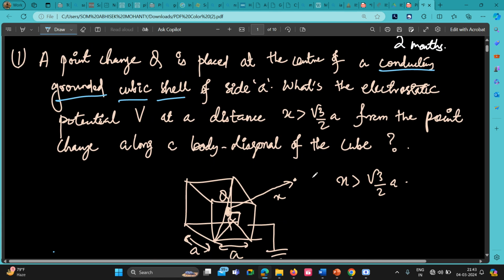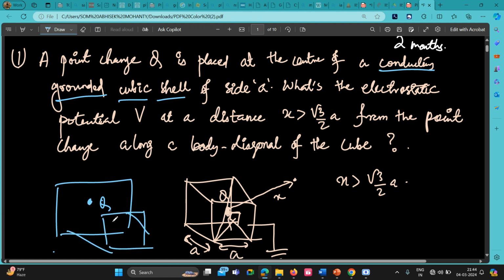The charge at the center is Q. So what will be the charge on the inner faces? On the inner faces, the charges will be minus Q. Remember that: minus Q on the inner faces of the cube.